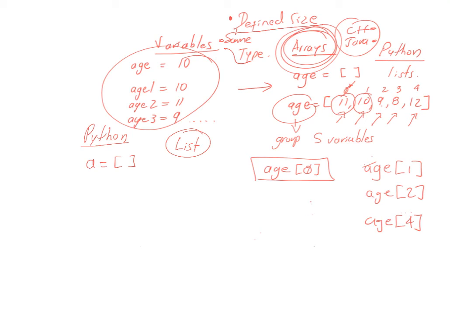Now lists are different because you can insert multiple types in the same array and the size of the array is variable, so you can change the size. So if I add one number here, and then one string here, and then another number, if I print this array, I'm going to see something like this.